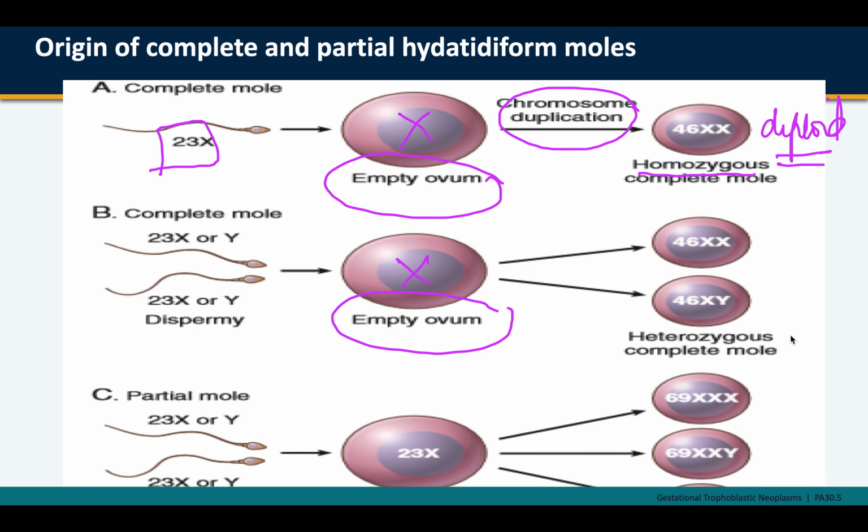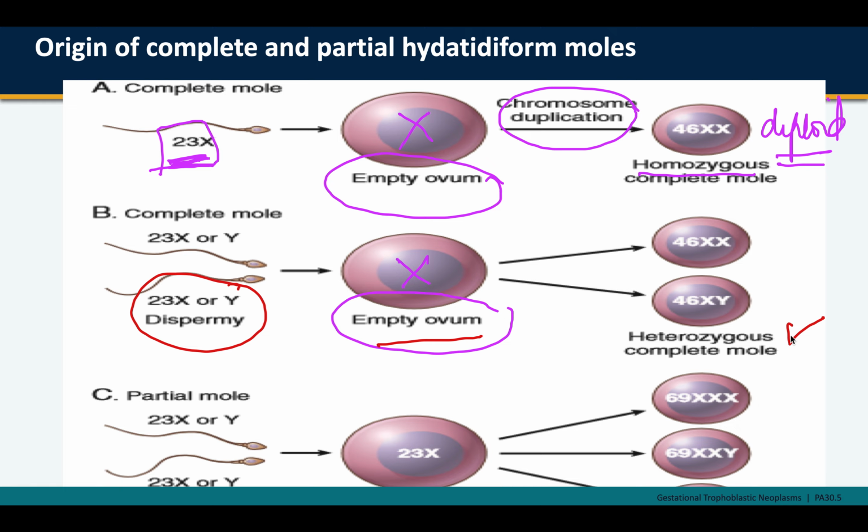This is homozygous because it derives its information only from 23X. Second scenario in a complete mole: an empty ovum, and two sperms fuse. This is known as dispermy and it forms a heterozygous type of complete mole. So these are the two ways a complete mole is formed.